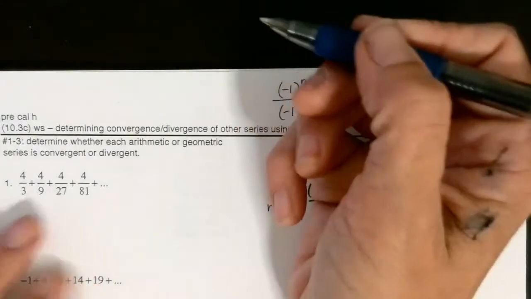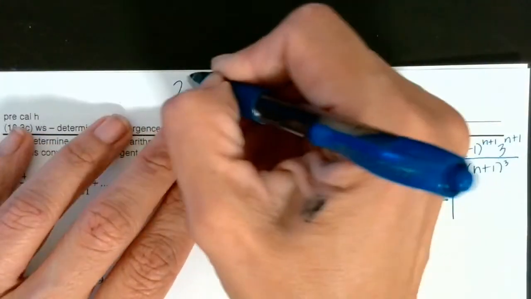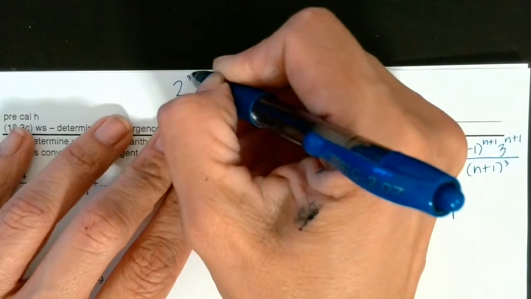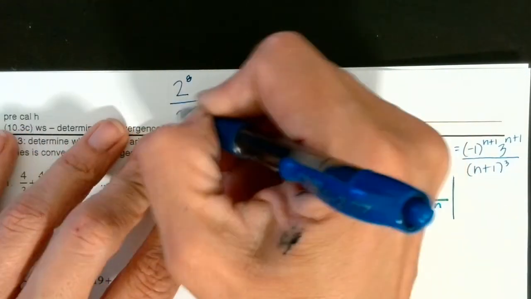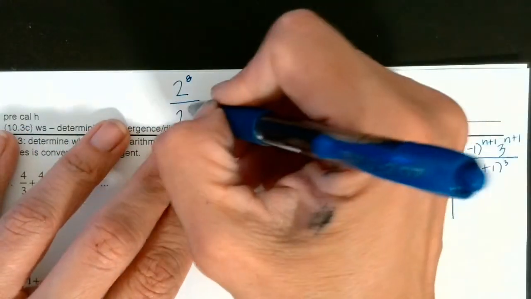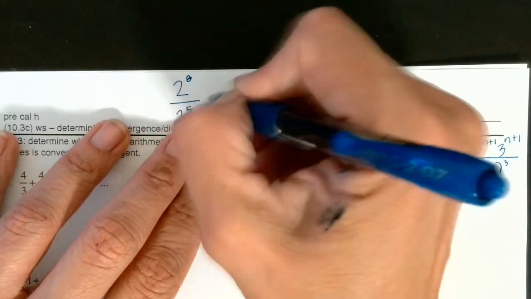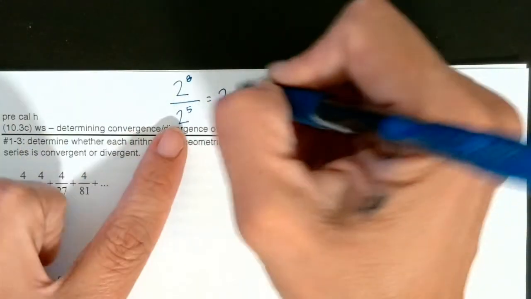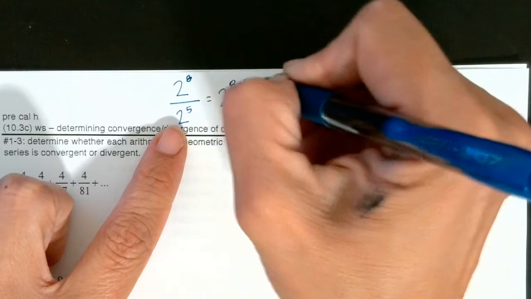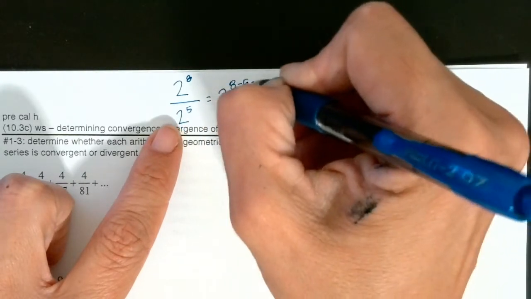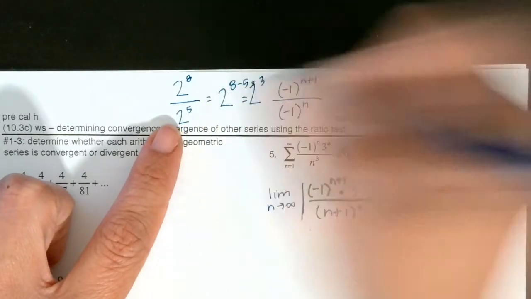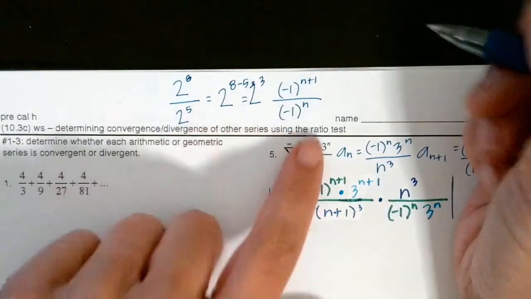Okay, now when we originally learned how to do exponents, if we had 2 to the 8th over 2 to the 5th, the rule was keep the base and subtract the exponents, so this would be 2 cubed, right? That's what it would look like. So the same thing is here.